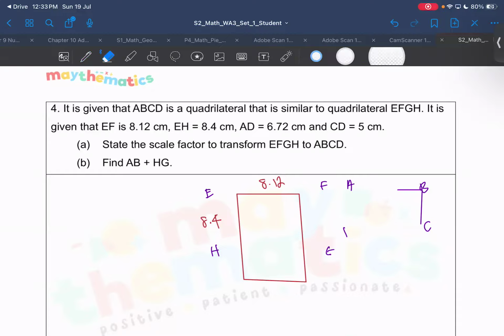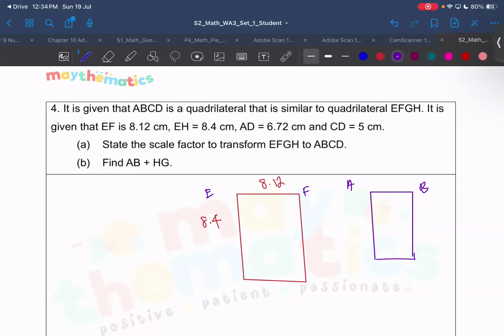And make sure your ABCD is slightly smaller than your EFGH, somewhat like this.